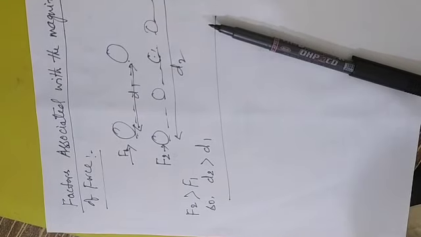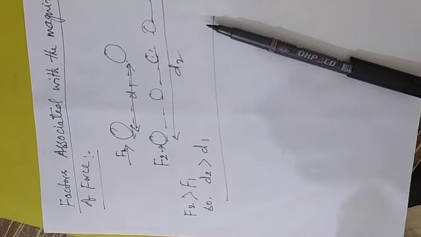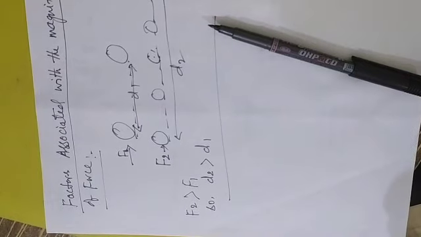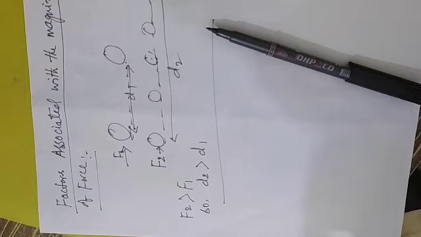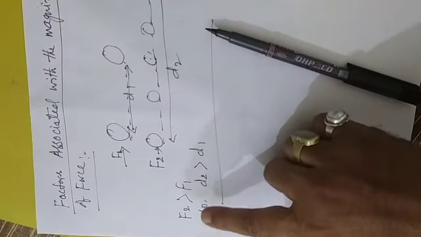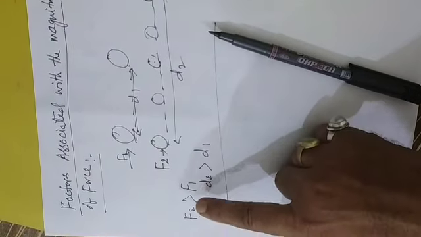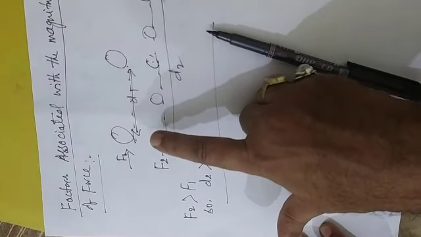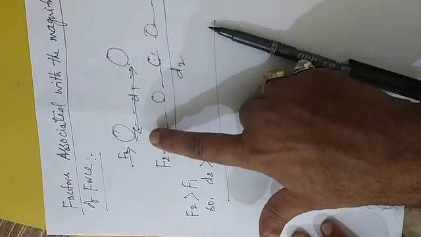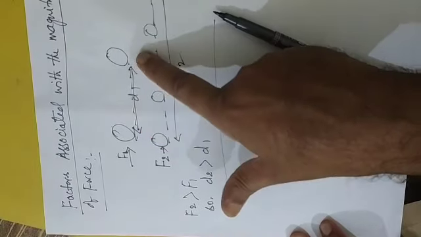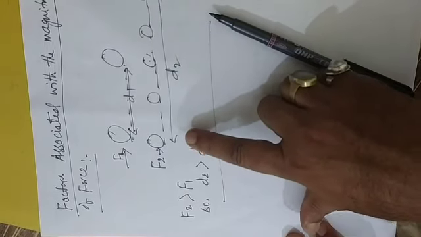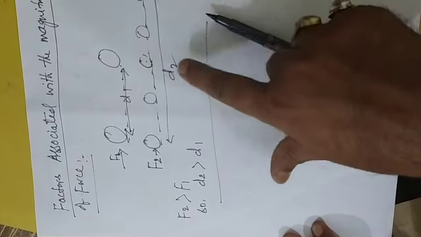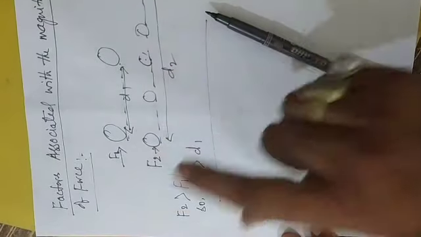If the force applied has lower magnitude, then less effect is produced in the object. In this example, F1 is smaller than F2, or F2 is more than F1. So, less effect means the distance covered by the ball is smaller, while F2 is greater, so the distance covered by the ball, D2, is more.